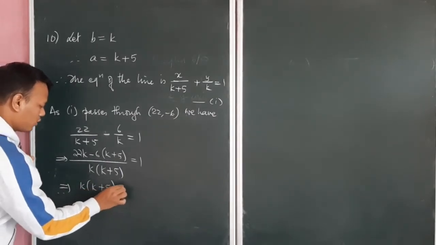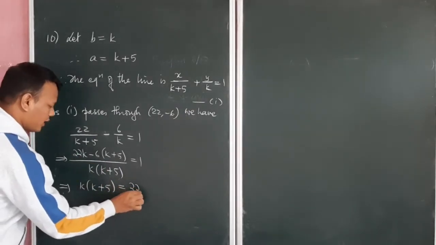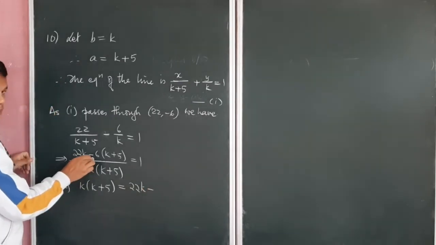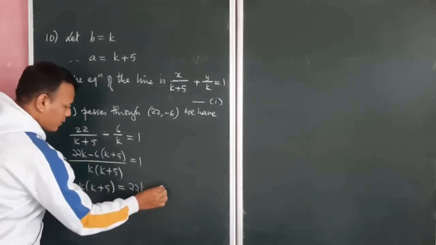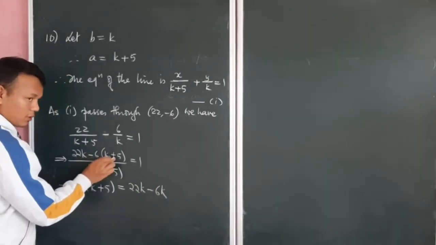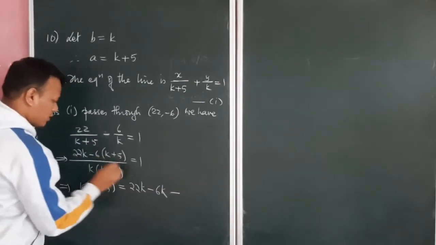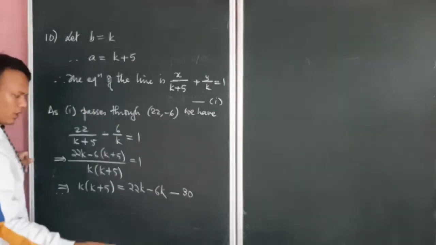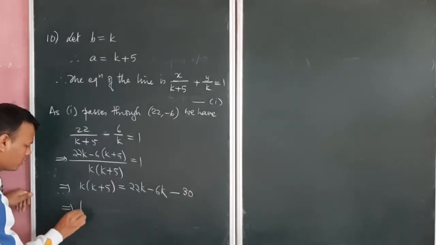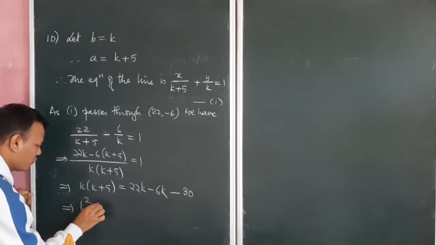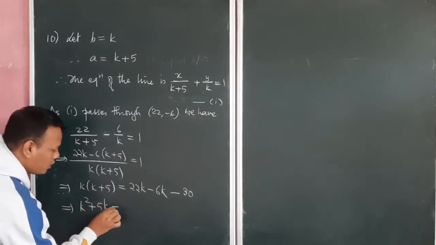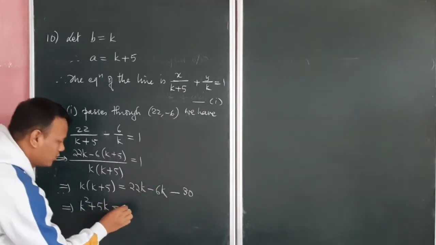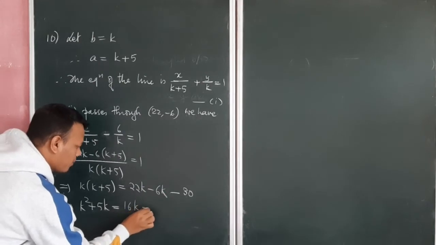Open the bracket: minus 6k minus 30. So we have k square plus 5k equals 22k minus 6k minus 30, which is 16k minus 30.